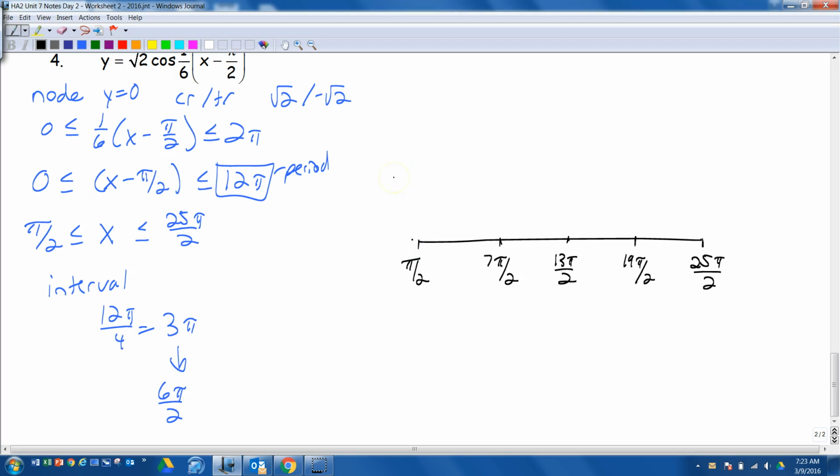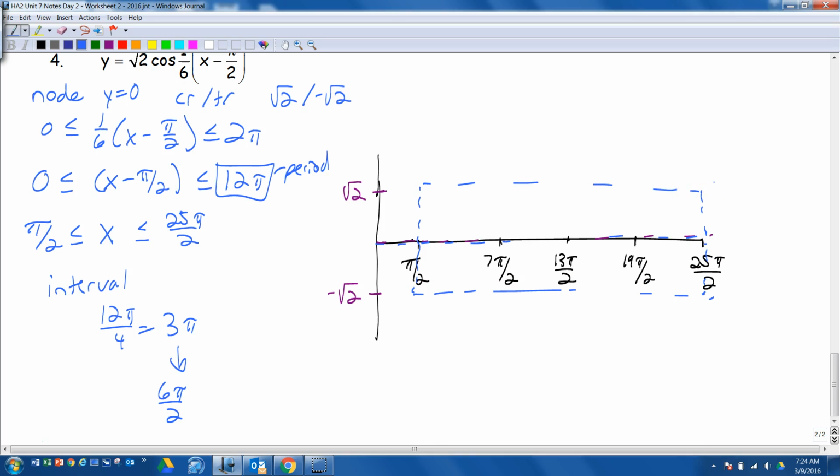And then we can make our actual axes. Since the center line is that, here I'm just going to say it's over here. The node is here. The top is root 2. The bottom is negative root 2. And then the box starts here because we're going from pi over 2 to 25 pi over 2.